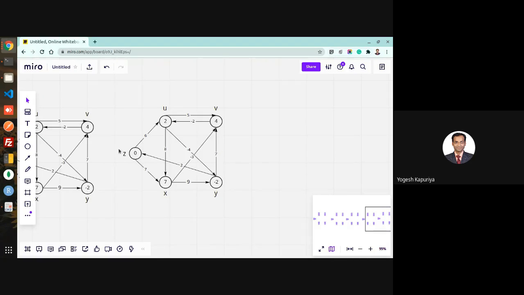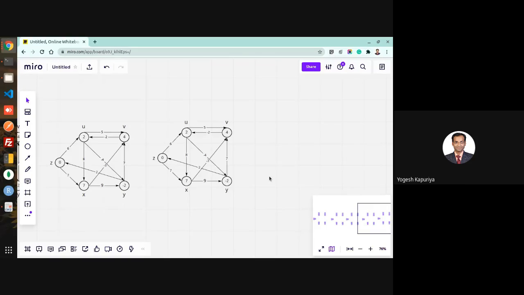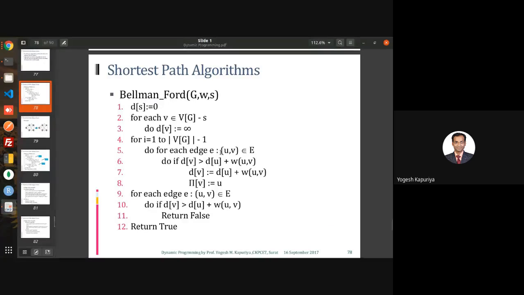So if you try again on this particular data, and as we know that there is no further relaxation possible specifically for this graph, it means that there is no negative weight cycle. Otherwise, if relaxation is possible, then it indicates that there is a negative weight cycle.